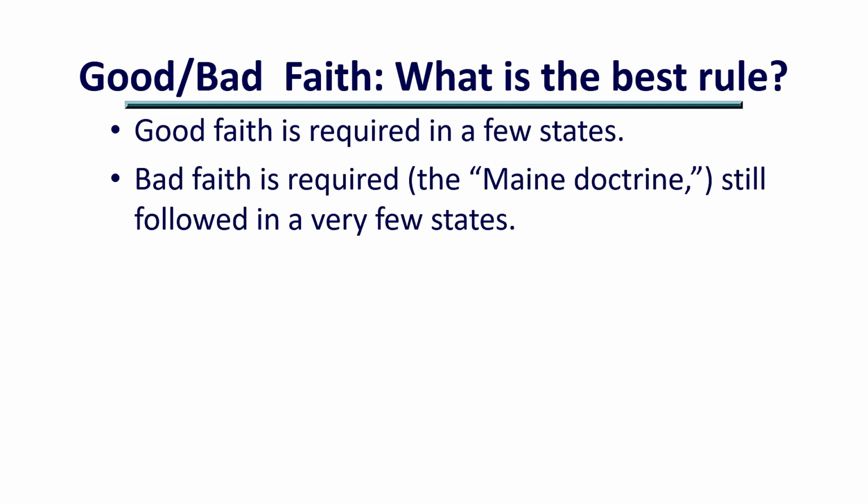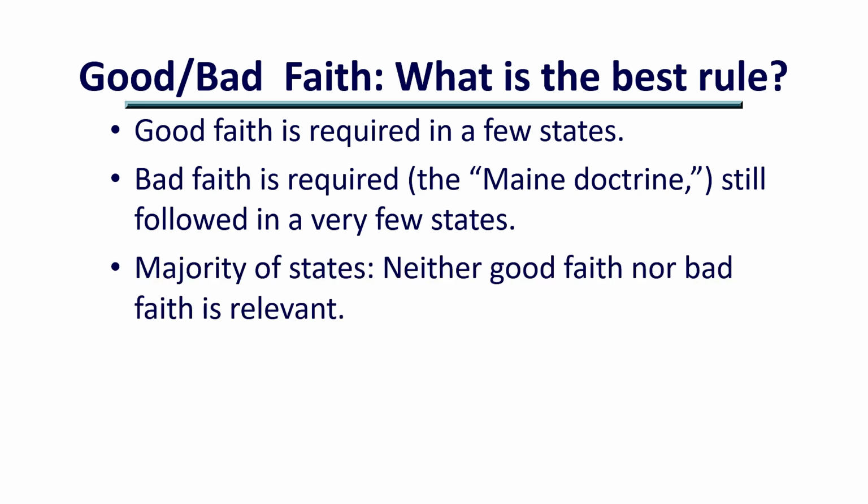On the other hand, there are a few states that require bad faith, that in effect say the adverse possessor must know that they're on somebody else's property. That's sometimes called the Maine doctrine because it originated in that state, although the Maine courts don't actually follow it anymore. The majority of states say neither good faith nor bad faith is relevant.